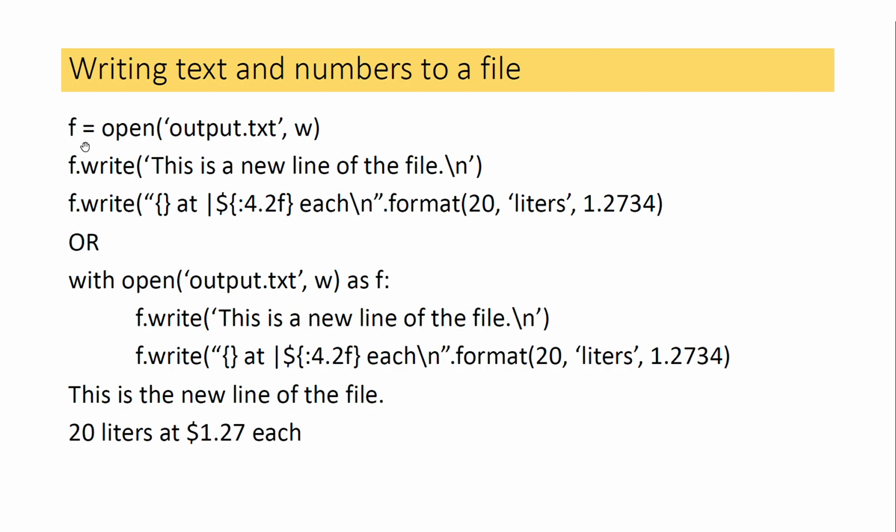So f is equal to open output.txt w, and your function dot write. This is a new line of the file, backslash n.